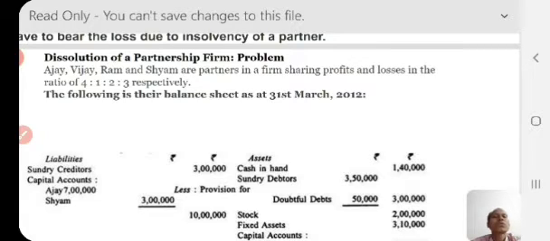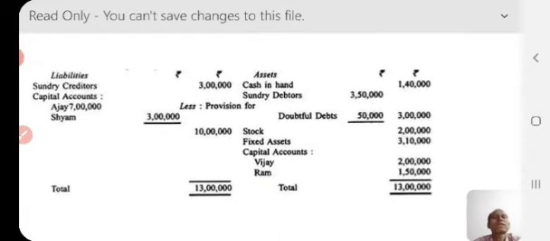Total shares are 10: for Ajay 4, Vijay 1, Ram 2, and Shyam 3. So the ratio is 4:1:2:3. The following is their balance sheet as on 31st March 2012. This is the balance sheet.